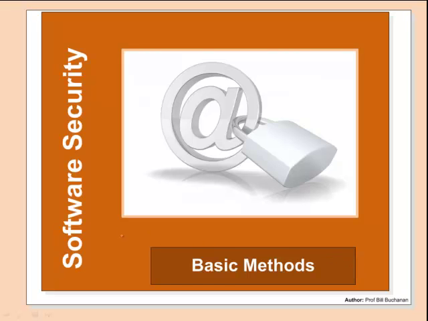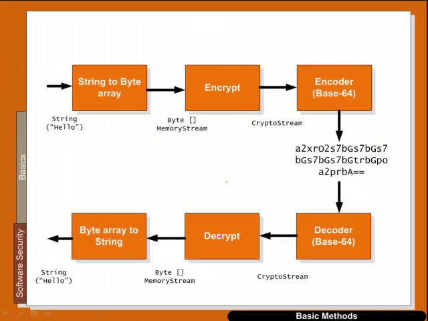Okay, so before we look at some of the encryption algorithms that we use, we'll look at some basic methods that we're actually going to use inside our code. These are going to provide us with the little functions that we can use to convert certain things. The basic process that we use in encryption is that we typically start with plain text.